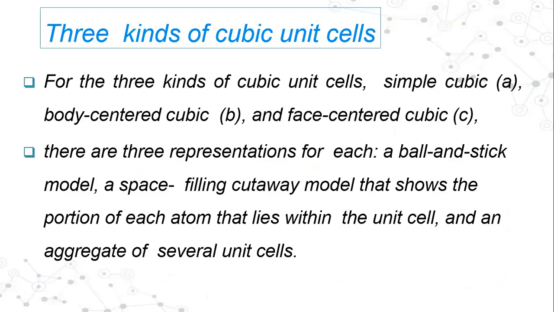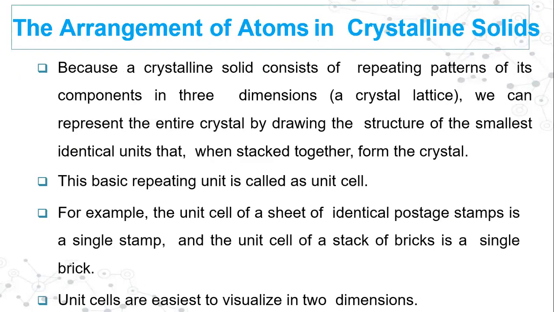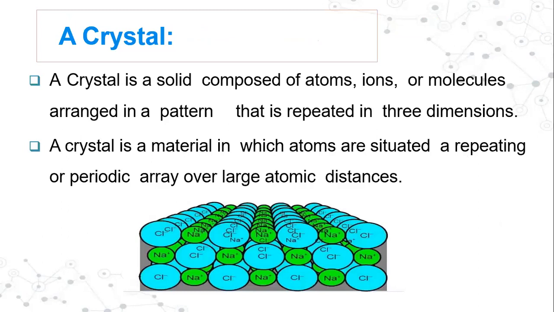There are 3 representations for each: a ball and stick model, a space filling model that shows the portion of each atom that lies within the unit cell, and an aggregate of several unit cells. So these are all the different representations of the types of unit cells.